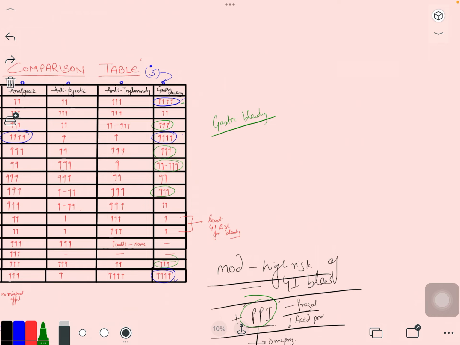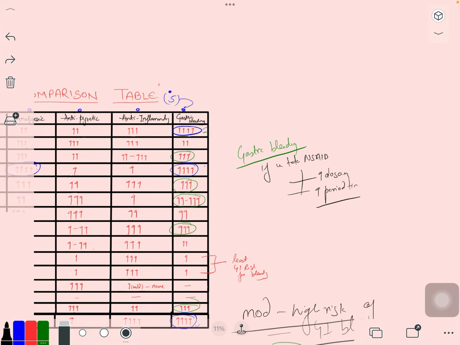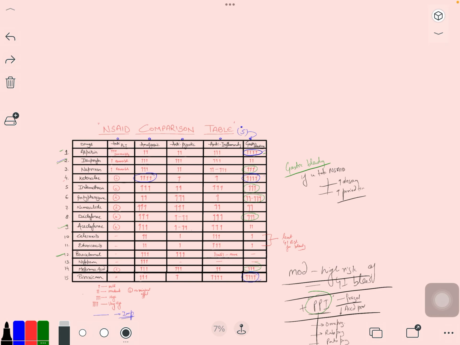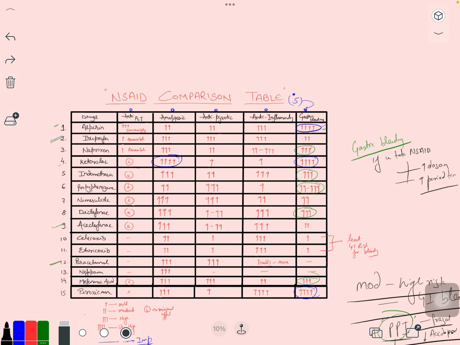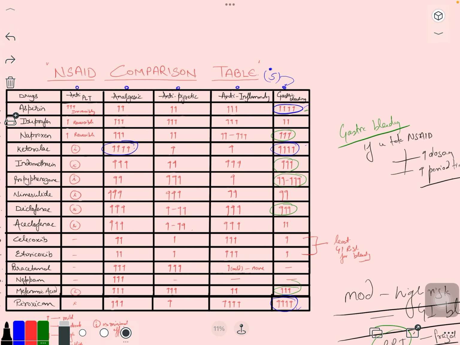Like all of the NSAIDs have this one thing in common, that if you take that particular NSAID in high dosage and for a greater period of time, then only it will cause gastric bleeding. Not like one single dose, choose any of them, okay?